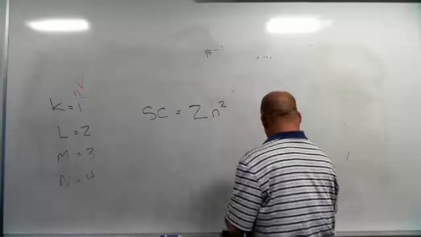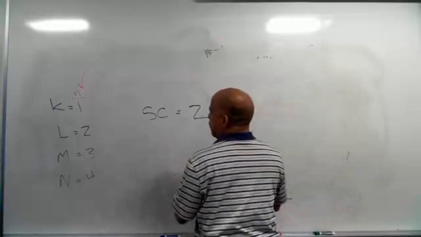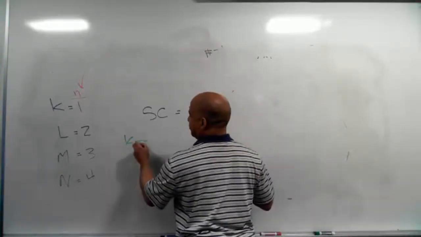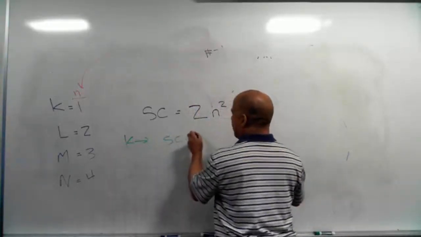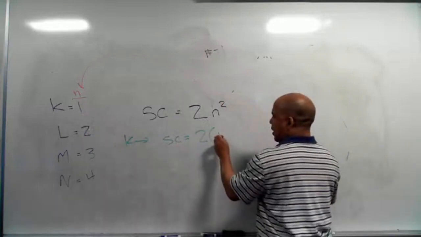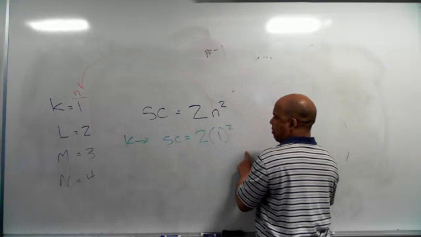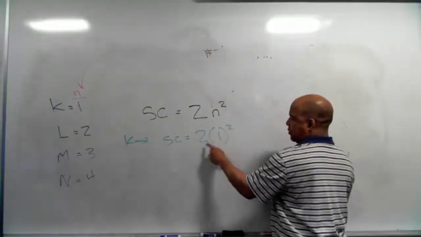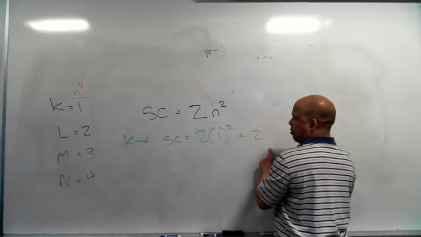So then all you've got to do is put each of these in the equation. For the K shell, SC equals 2 times n squared, and K is a 1, so 1 squared is 1, times 2 gives me a 2.